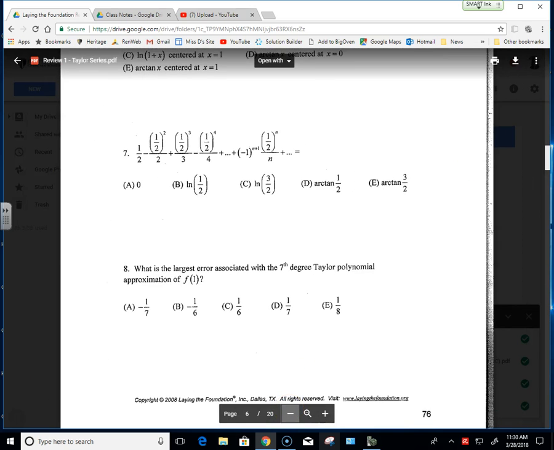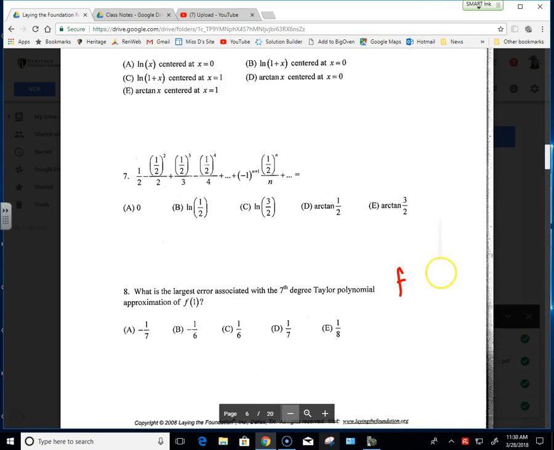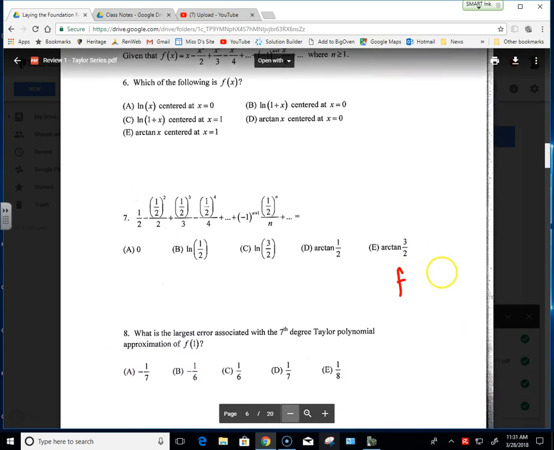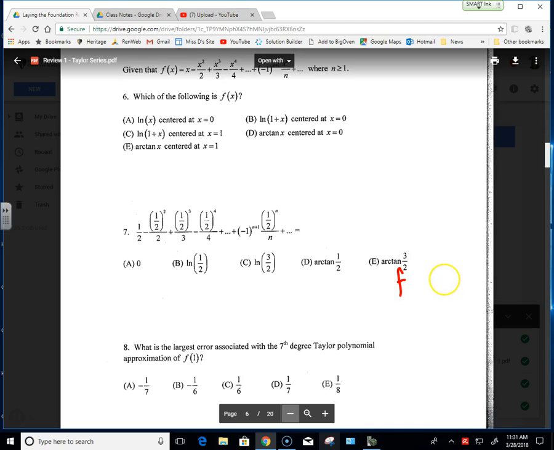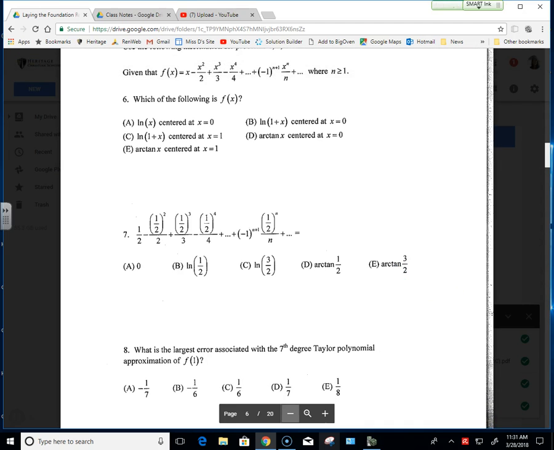We're looking at the 8th degree term, right? And they did not give us the series or the function itself. We might actually be finding the max, but since they didn't, we're just thinking Lagrange.